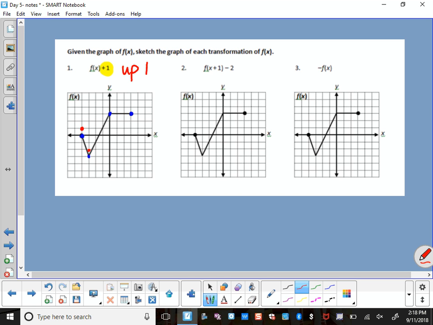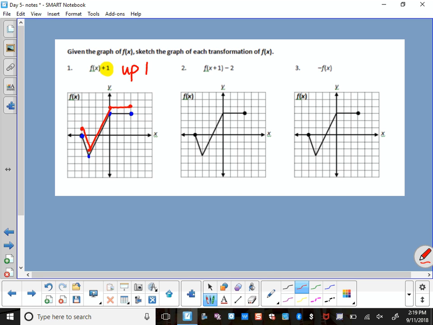Second dot, up 1. Third, and fourth. Okay, and then just connect your dots. Try to make your lines as clean as possible. All good?